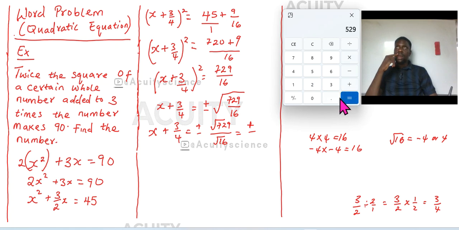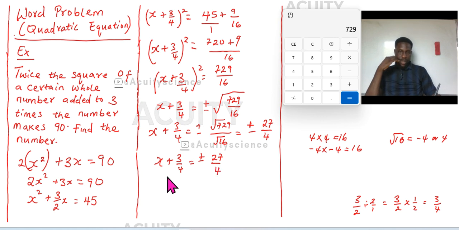That doesn't work. 7 times 7 also gives something that ends with 9, which is 49. So I would say 27 times 27. Good, so 27 works. So 27 over 4. So x plus 3 over 4 is equal to plus or minus 27 over 4.